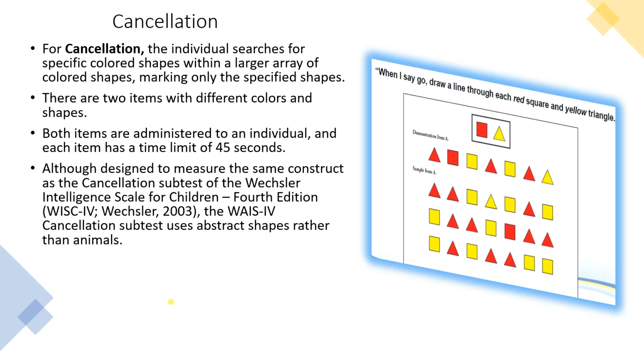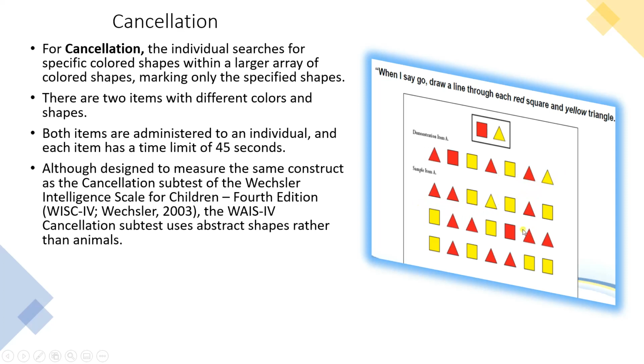So, in this example, you will be able to see, for example, there is a red rectangle and a yellow triangle, and the participant has to cross out the red rectangle and yellow triangle if present. For example, in this row, there is one yellow triangle, you will have to cancel out this. So in this, you will cancel out this.